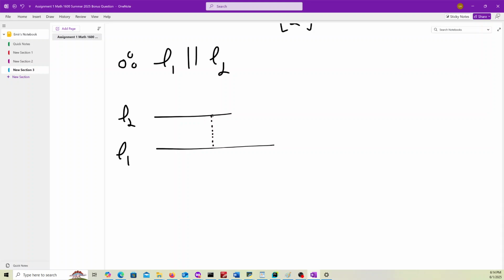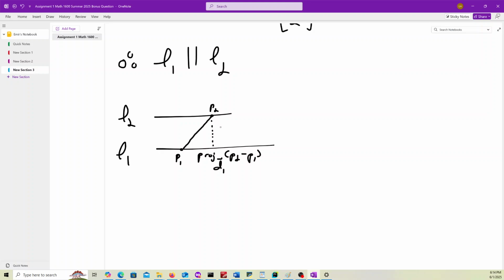Now, if we choose an arbitrary point here and another arbitrary point here that we call P1 and P2, we can decompose this vector into a projection of vector P2 minus P1 onto the direction vector of L1, which is D1.